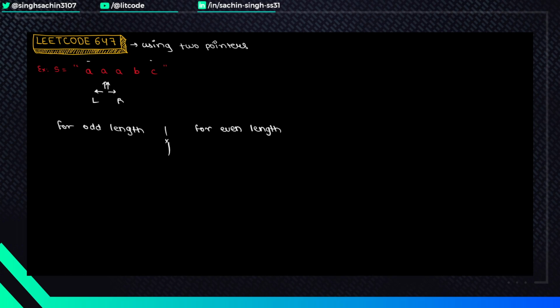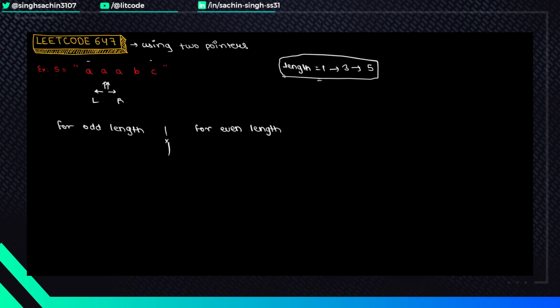So initially we had length equal to 1, when both the pointers were pointing to the same index or same character. Now we have incremented on both the ends, so now length has become 3. If we expand both the pointers again, it will be 5. So as you can see, we are following all the odd lengths in this case.